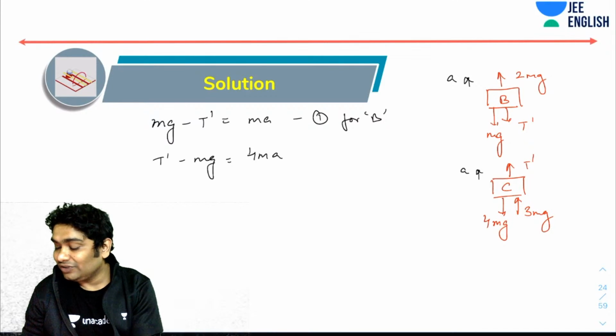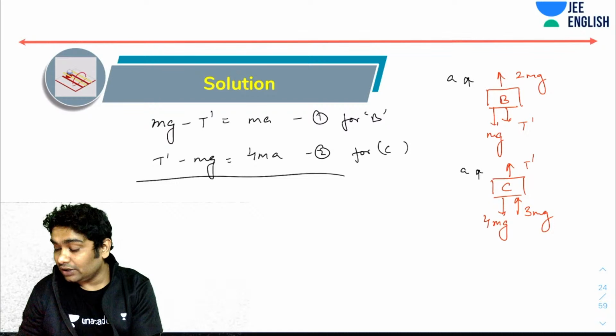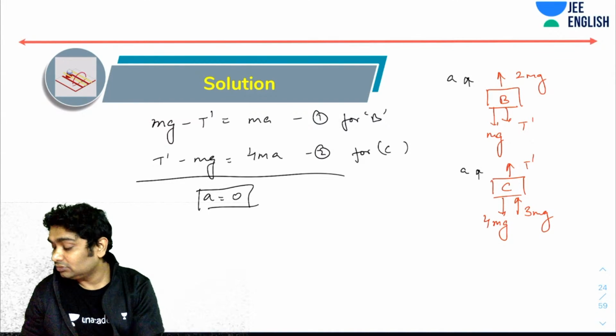If I added both of these together, I would have seen that a is in fact 0, which is strange.